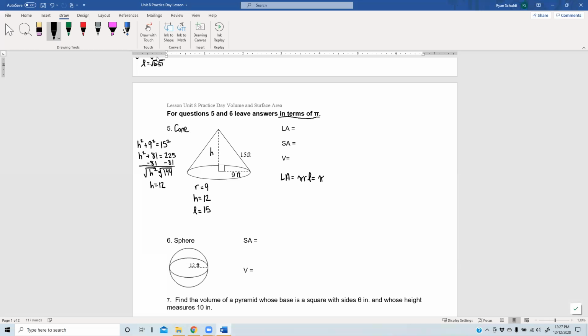So we'll do pi, radius is 9, L is 15. 9 times 15 is 135 pi. And then we're going to have feet squared. There's our lateral area. 135 pi feet squared.